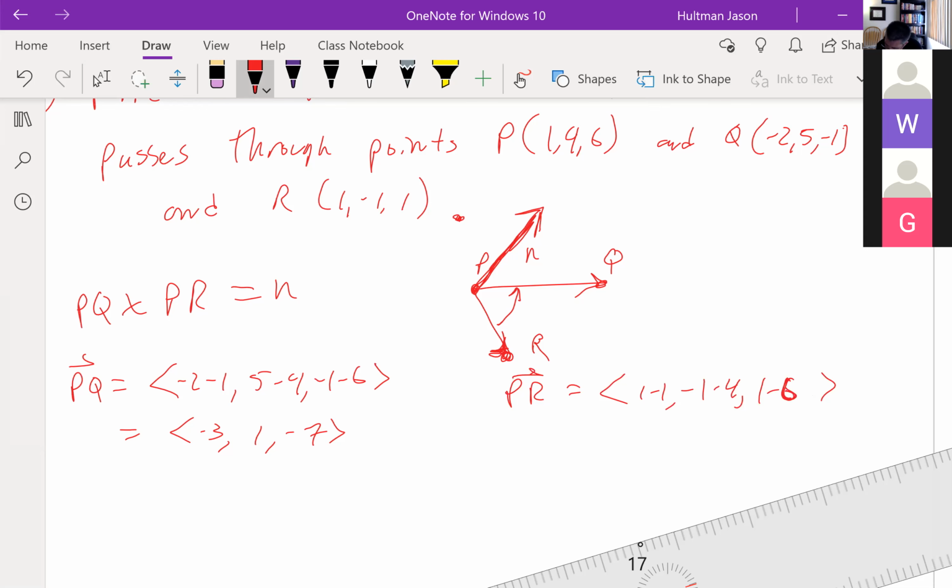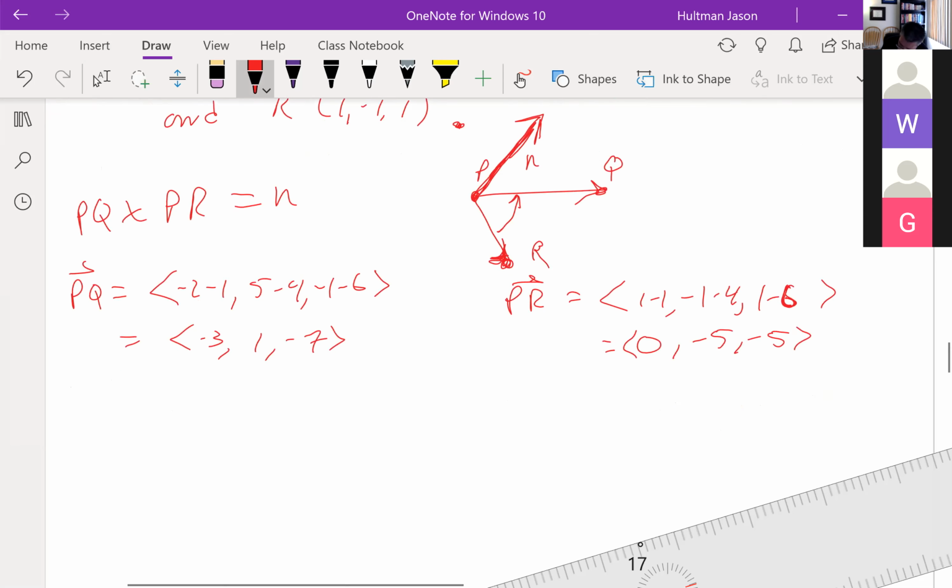Sorry, 1 minus 6. So what is this going to be? This is going to be 0, -5, -5.